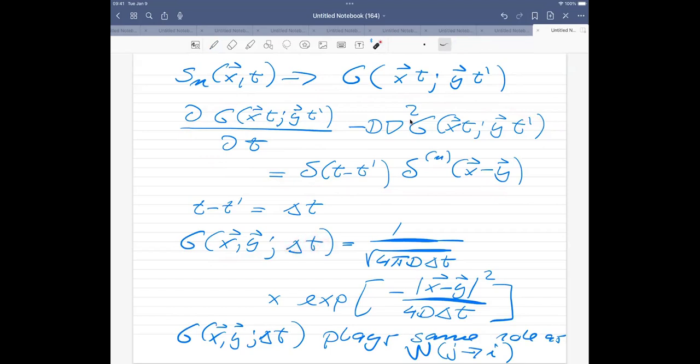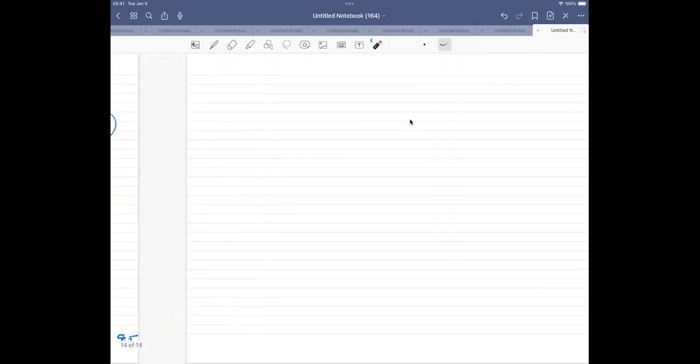So that means that I can express my function.